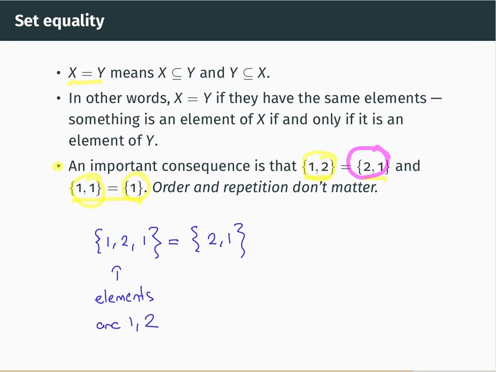So 1 is an element of that set, 2 is an element of that set. Nothing else can say yes to the question, are you an element of that set? And similarly, over here, the only things which can answer yes to the question, are you an element of this set, are 1 and 2. These sets have the same elements, so they are equal by our definition of set equality. Order and repetition don't matter to sets.